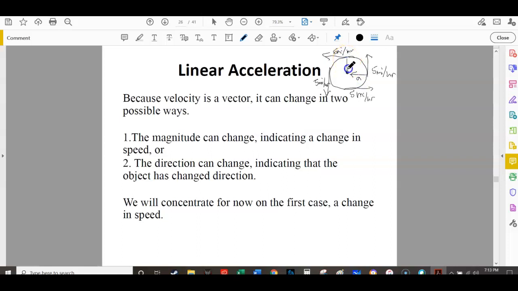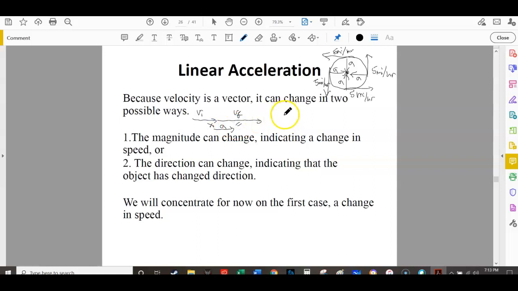And this is a case where you are moving at a constant speed, but you're always accelerating towards the center of the circle at each one of these points in time. Okay, and so it's weird. Acceleration can happen in two ways. Acceleration can happen in a way that if your velocity vector is increasing in size over time, then that means an acceleration vector had to be added to your initial velocity vector to equal your final velocity vector.